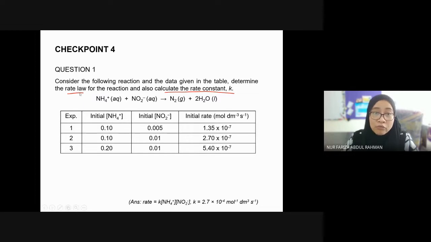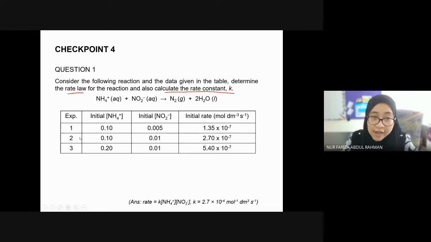But the one that the question wants is the one where the order has already been determined. And then from there you are going to calculate the rate constant K. So this is pretty much the same as the previous question just now.